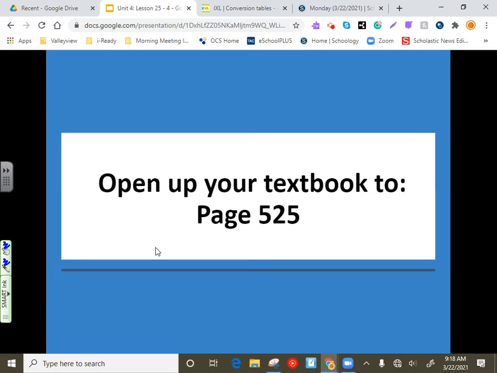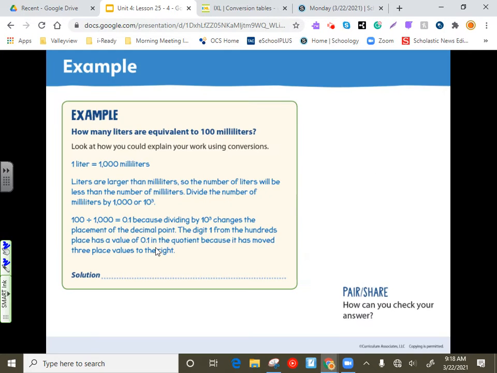So go ahead and turn to page 525. And right before we start, I want us to use this space here on the page. So here put small to large, and we will divide.